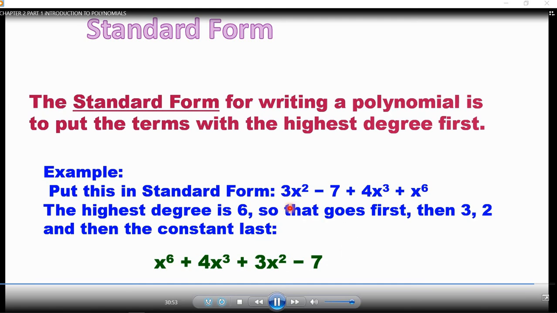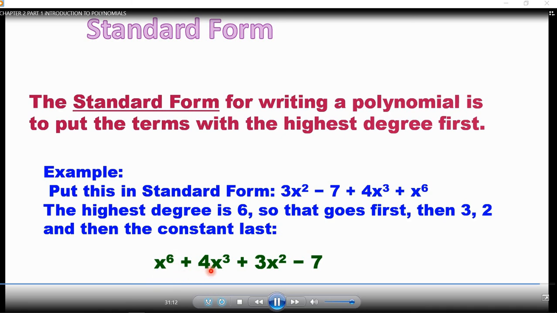So it has, as you can see, 3x squared minus 7 plus 4x cubed plus 6x raised to 6. Here x raised to 6 is the highest degree. So it should arrive first. x power 6 should become the first term.